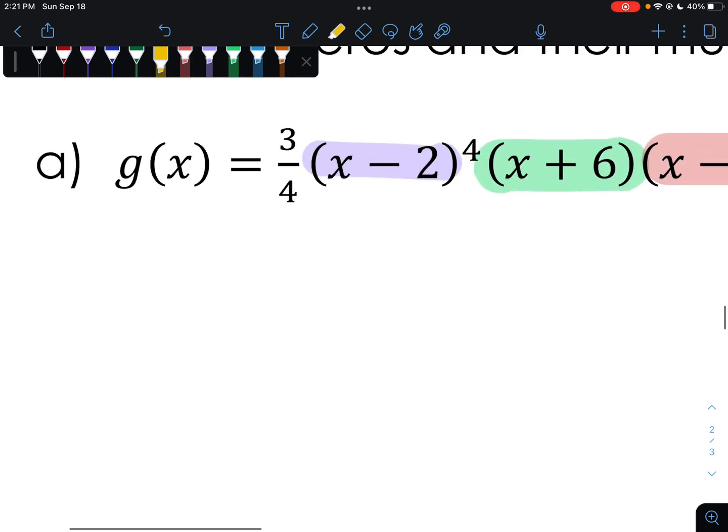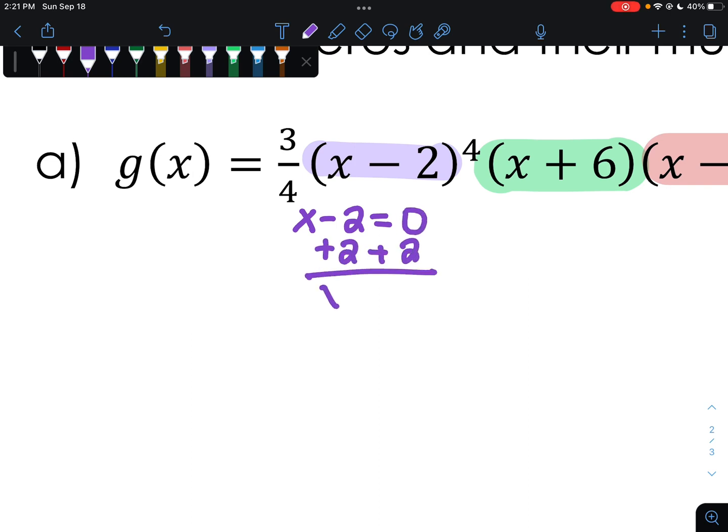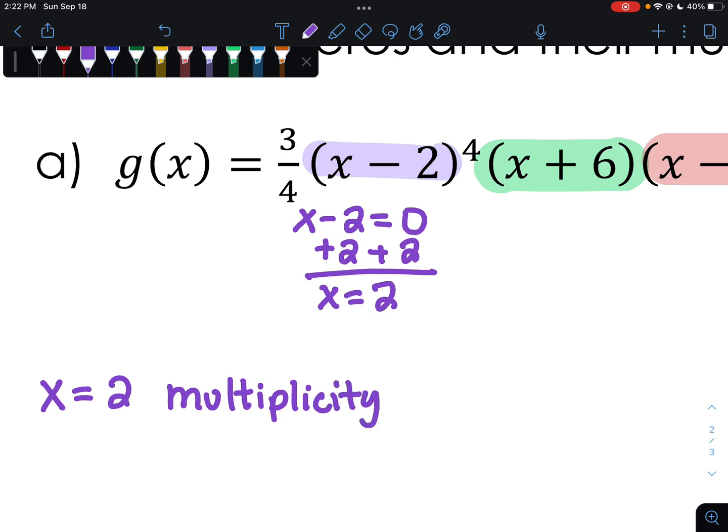Okay, so first one, we have x minus 2 equals 0. I add 2 to both sides. I get x equals 2. So this has x equals 2 with a multiplicity of whatever its exponent is, which is 4.